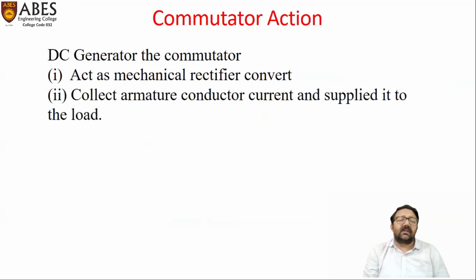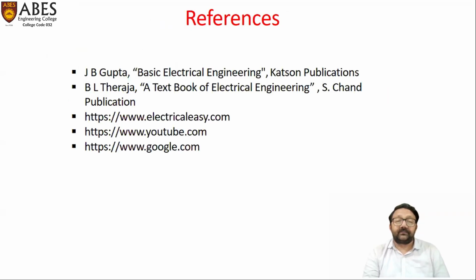First, the commutator acts as a mechanical rectifier and converts the induced alternating current in armature conductors into direct current across the connected load. Also, the commutator collects the armature current and supplies it to the load through the help of stationary brushes. So this is the main function of the commutator, especially in the case of DC generators.